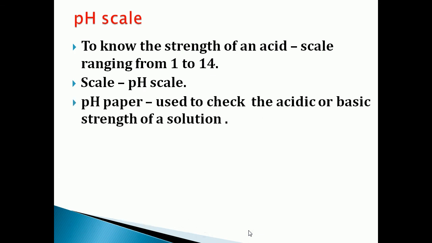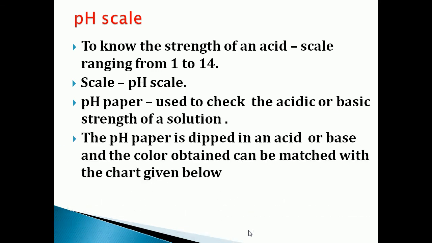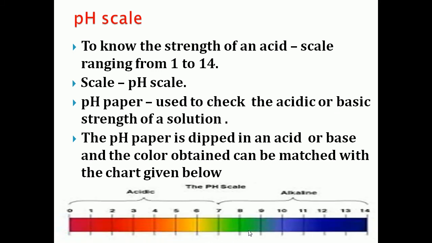pH paper can be used to check the acidic or basic strength of a solution. The pH paper has to be dipped in an acid or base, and the color obtained can be matched with the chart. This chart has values 0 to 14.